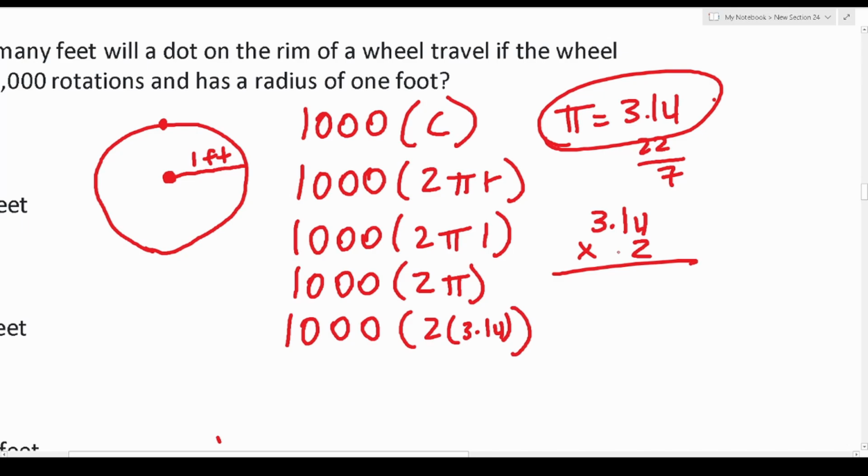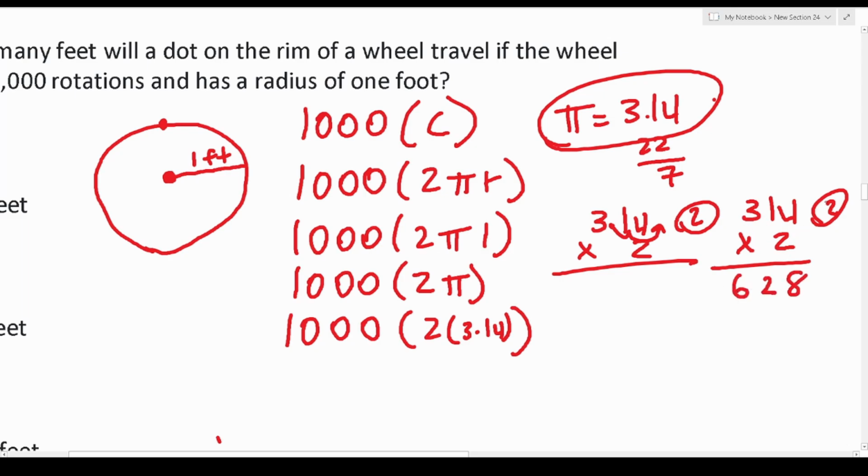So to make this math a little bit easier, we're going to shift this decimal in 3.14 2 times to the right to make it 314 times 2, albeit with 2 decimals to shift back into the left. This becomes 4 times 2, which is 8, 1 times 2, which is 2, and 3 times 2, which is 6. Bring those 2 decimals back into the left. So as we can see, that is 6.28.